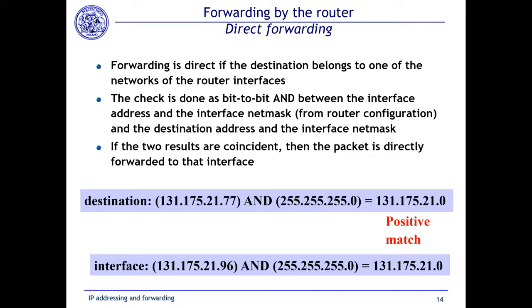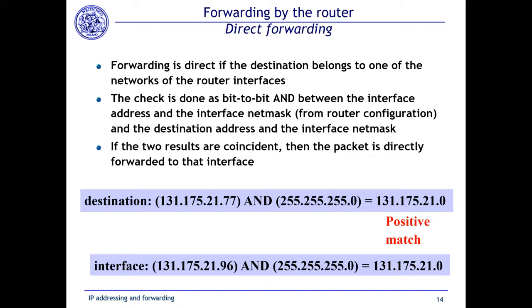And this is because the local interface has an IP address that belongs to an IP net. Okay, so by specifying the IP address of the interface plus the net mask, you are also specifying the network prefix of the network that is connected to that interface. Okay, so the interface belongs to the network, and the address of the network is contained in these pairs of configuration parameters.